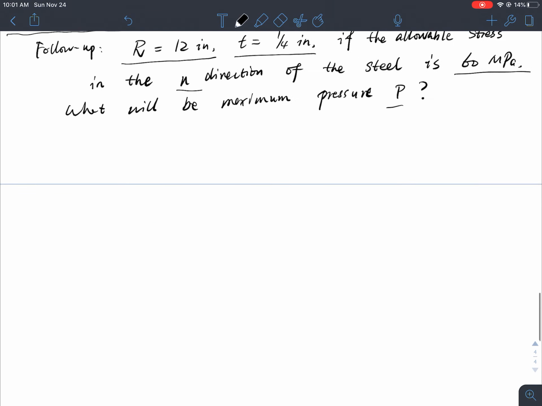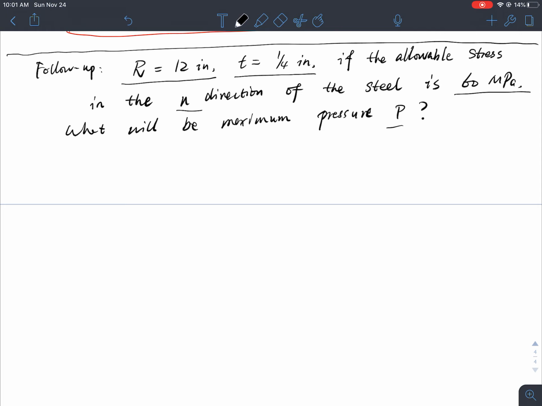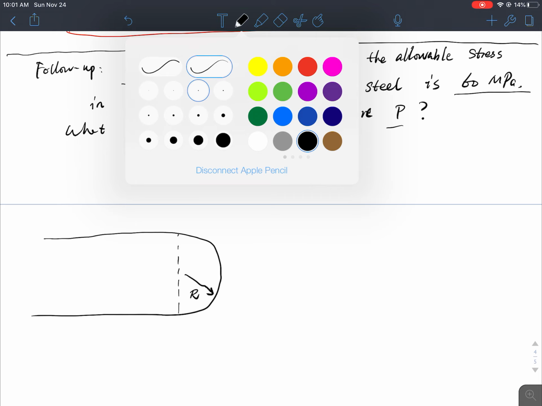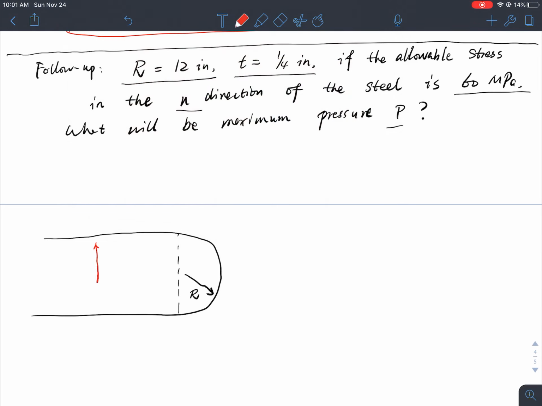Okay, to have a visual image, I want to redraw my figure, right? So this is my pressure vessel. This is the radius R. Now if I have the coordinate system set up like this, this is Y, this is X. My n is here, and theta n here equals 50 degrees.